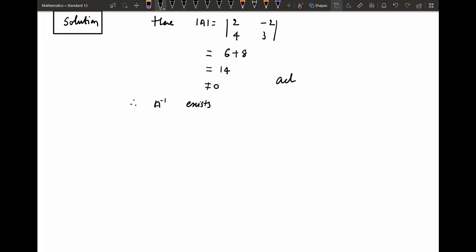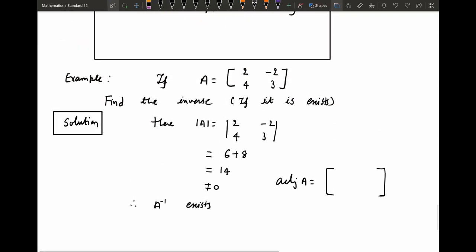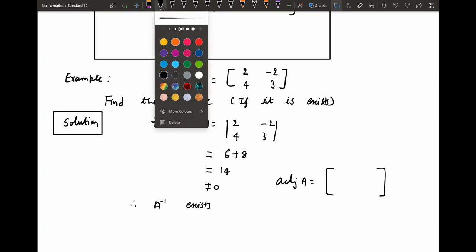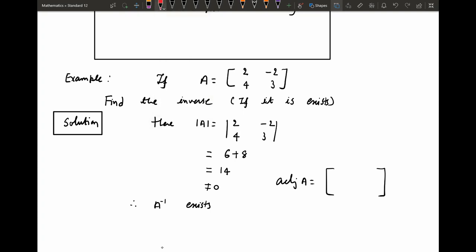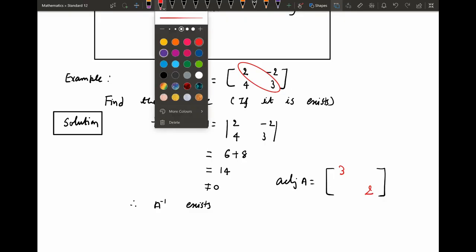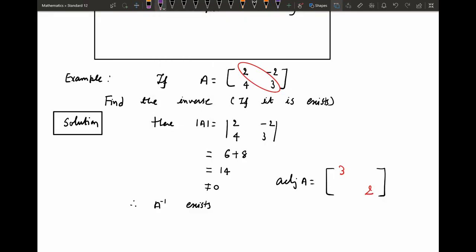Now adjoint A, for 2 by 2 it is easy. Interchange the entries of the principal diagonal, so 3 2, and change the sign of the entries lying in the subsidiary diagonal, 2 minus 4.